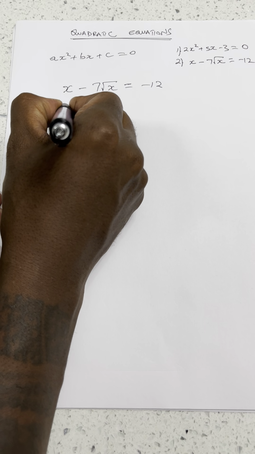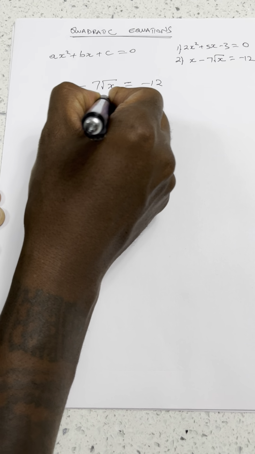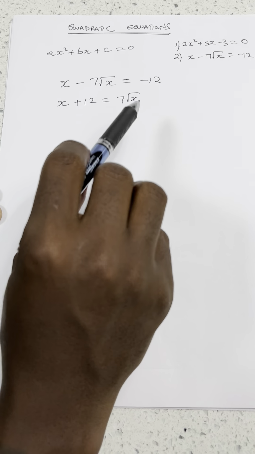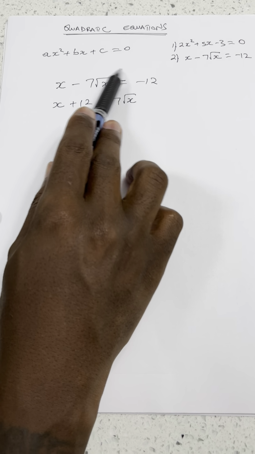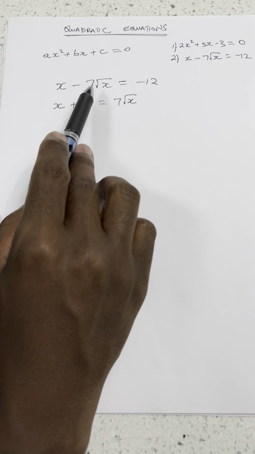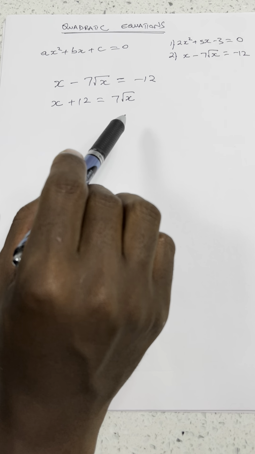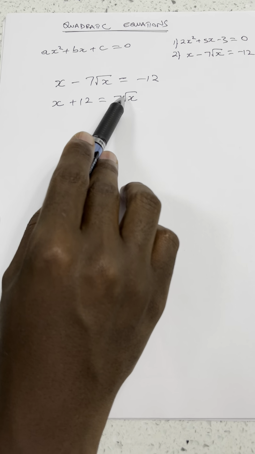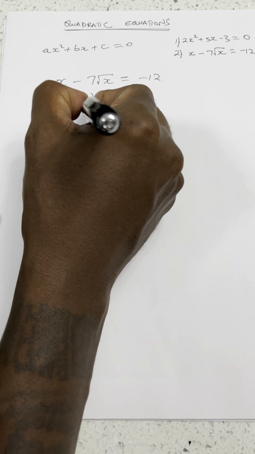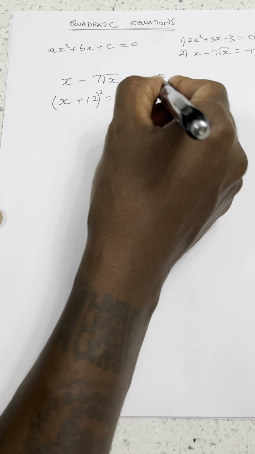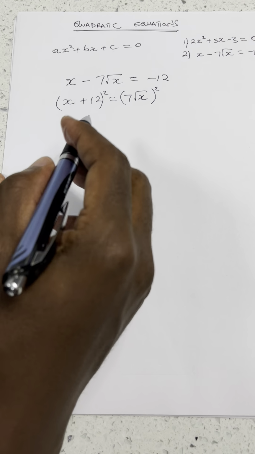Now we have x plus 12 equals 7 root x. We just transposed the negative 12 to the left hand side and the negative 7 root x to the right hand side. I want to get rid of the square root, so I will square both sides. Remember, what you do on the left, you must do on the right.